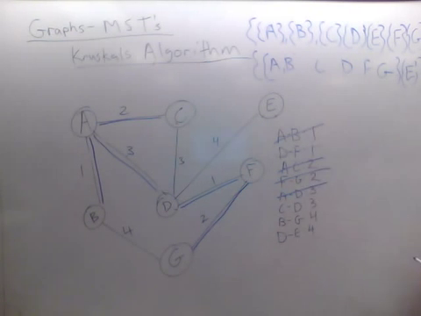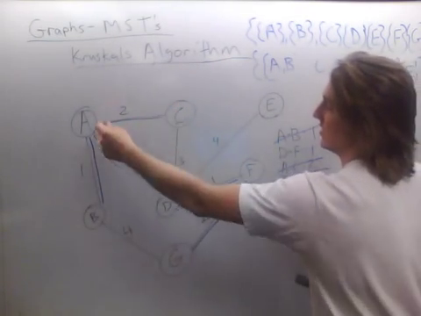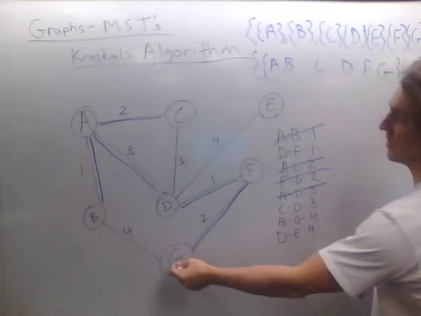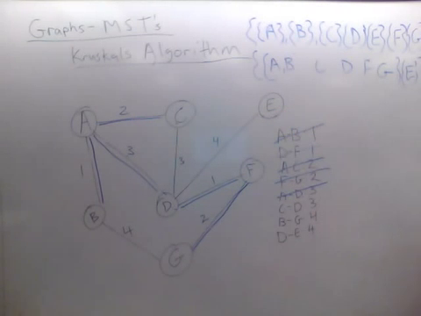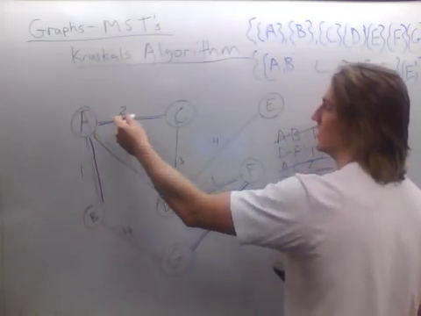So now you can see A, B, C, D, F, and G are in the same set. We're only missing E. So what happens if I try to add CD? If I try to add CD, you can see that this makes a cycle right here.